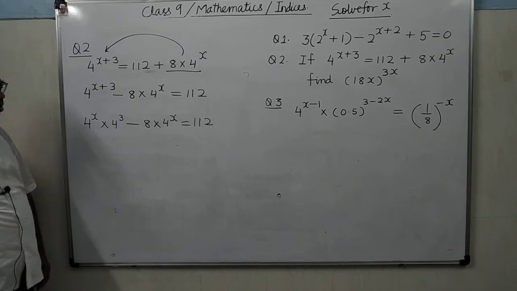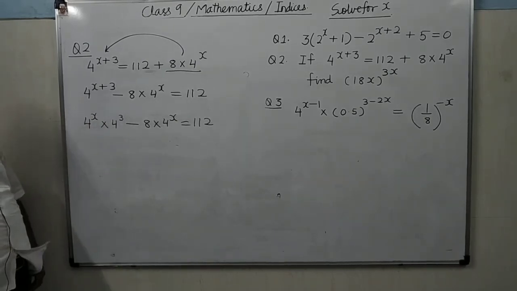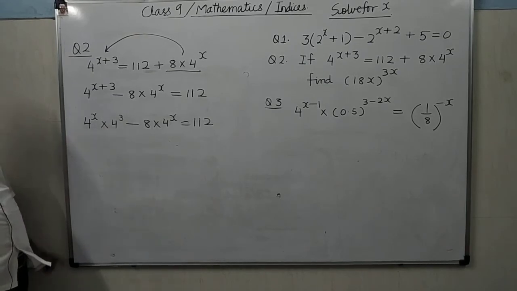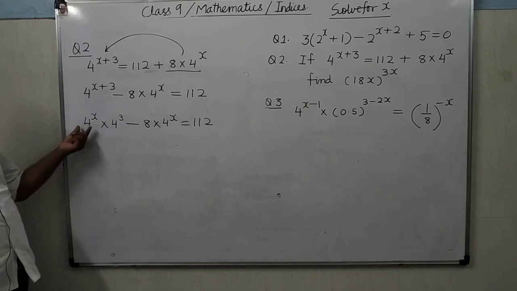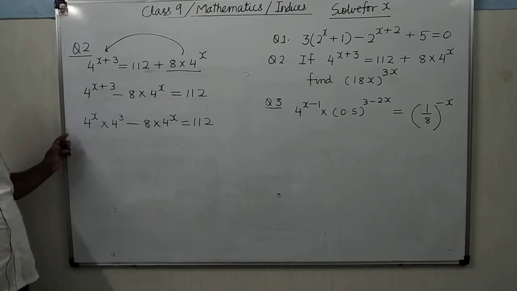Now in your mind some picture will be clear about what the next step is. Whether you will write 4 as 2 square or you will take out 4 to the power x common. So what will be better?